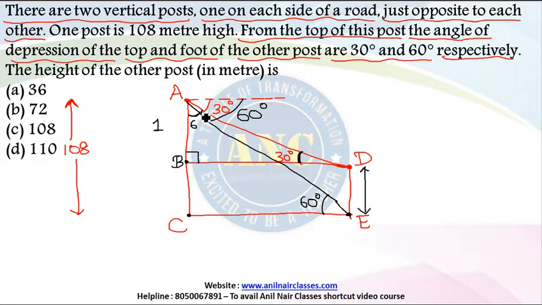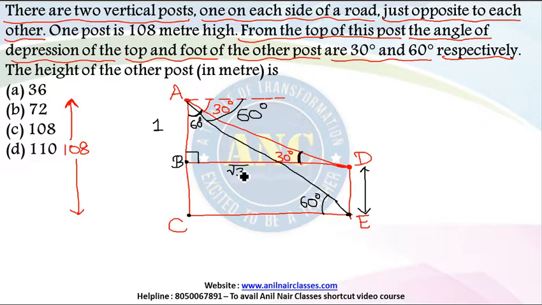Yes, this angle is 60. Opposite to 30 is 1, so opposite to 60 it will be root 3. That means this entire BD value, as of now according to my assumption, is root 3. Opposite to 30, AB is assumed as 1, so BD automatically becomes root 3.